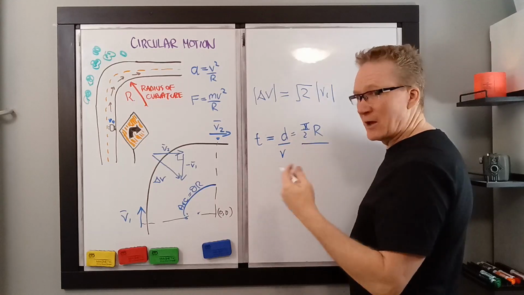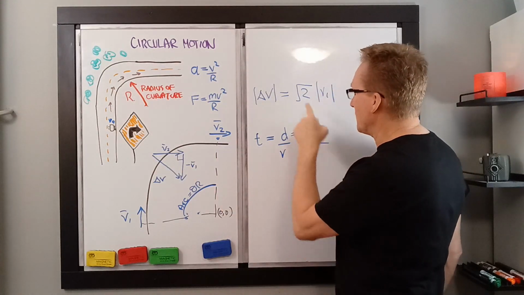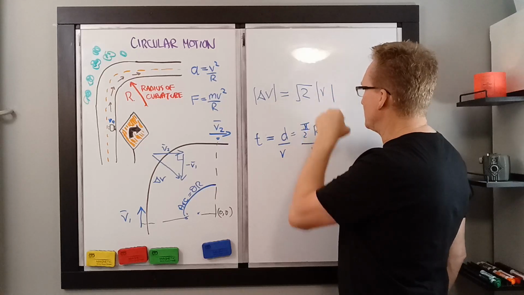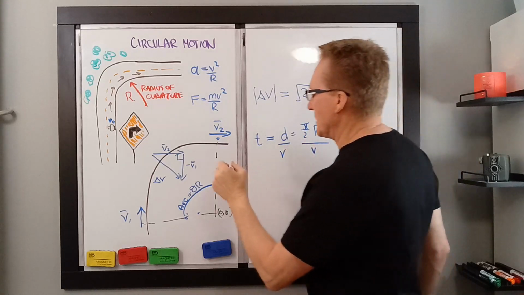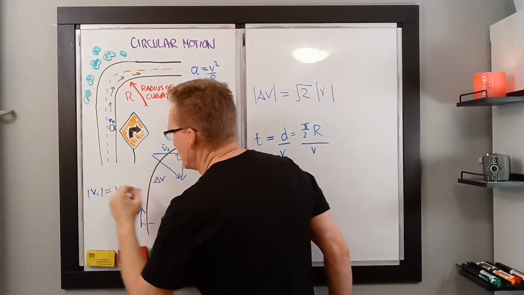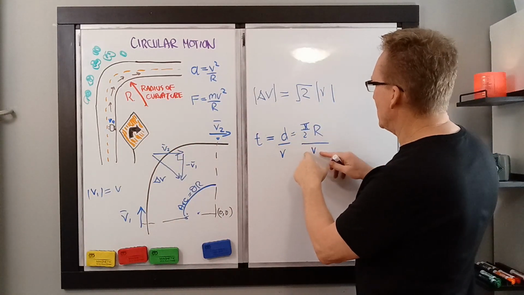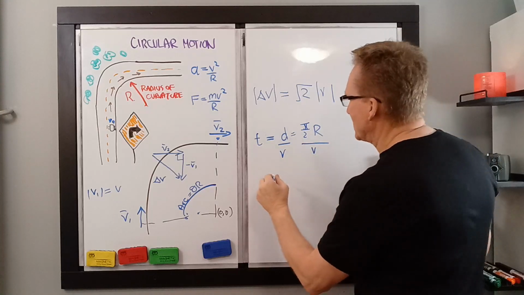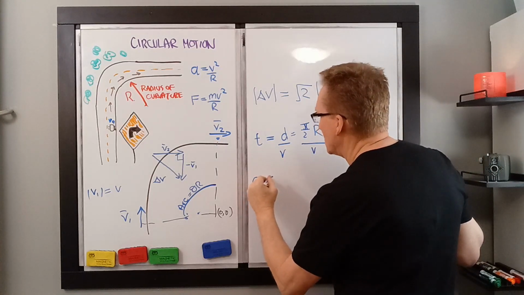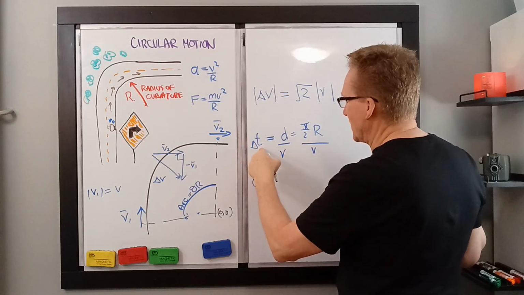And what's the value of the velocity? Just the absolute value. Well, that would just be v, either v1 or v2. We don't need to use v1 or v2. They're both the same. So the absolute value of v1 is just going to be equal to v. So this would be this value over here, which would be the time. So if we want the acceleration, it's going to be the change in velocity divided by the change in time.